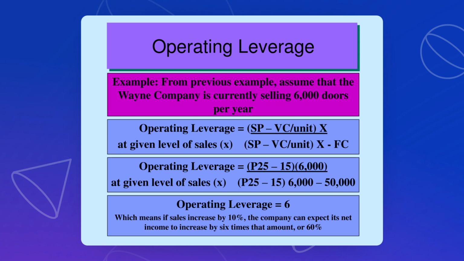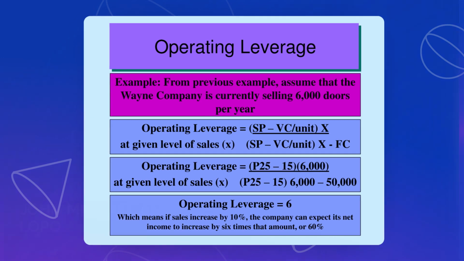How much is the CM in your numerator? 25 minus 15. 25 here is your selling price minus 15 of the variable cost per unit, multiplied by 6,000, divided by 25 minus 15 times 6,000 volume minus 50,000 as your fixed cost. So what is the answer, class? The answer here is 6 times, not 6 pesos. That would be the operating leverage.